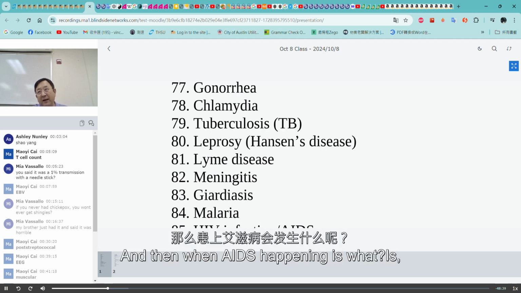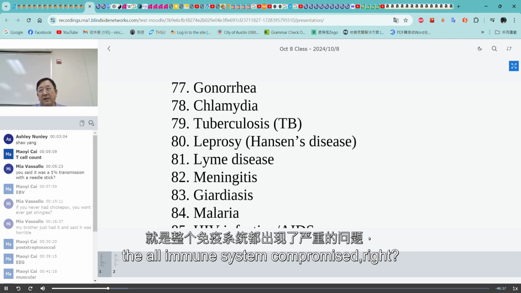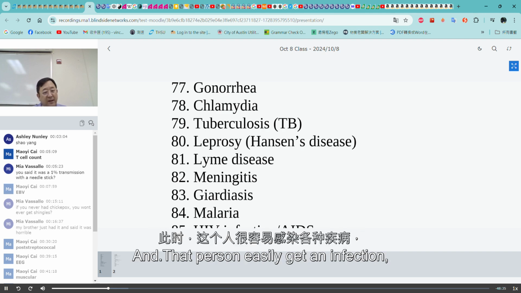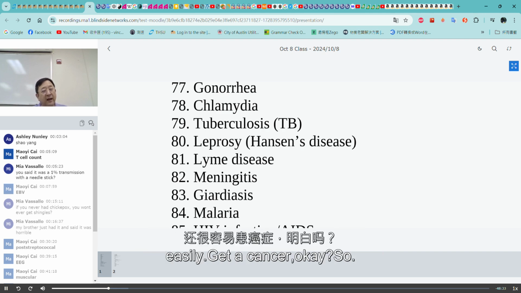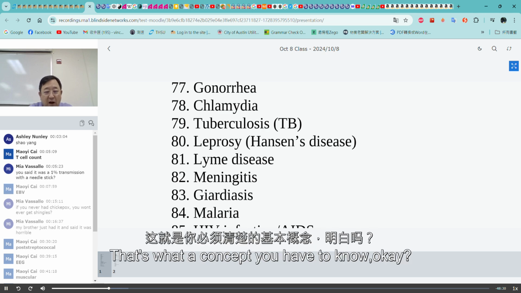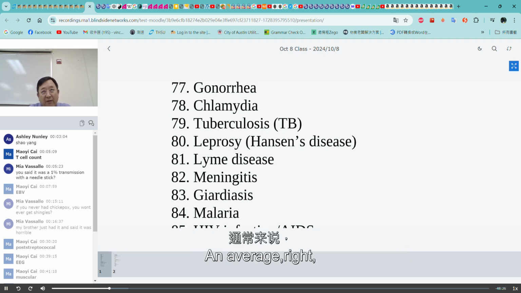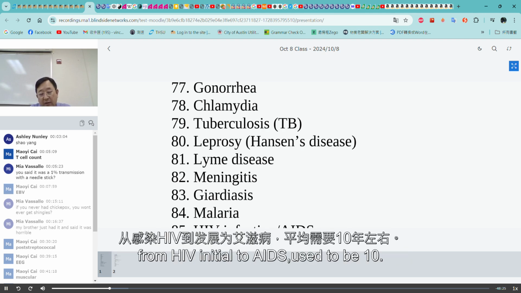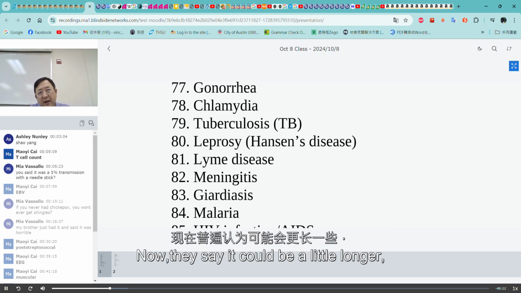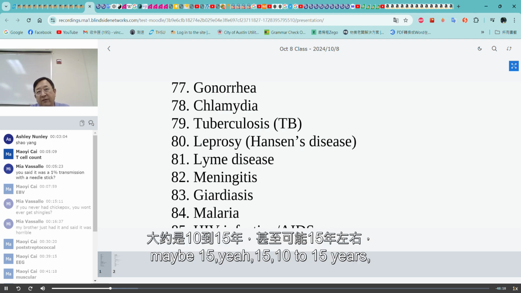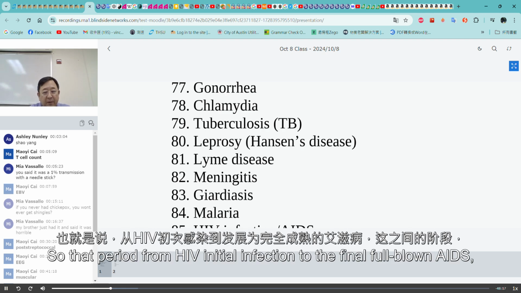When AIDS happens, the whole immune system is compromised, and that person easily gets infections and cancer. That's the concept you have to know. On average, from initial HIV infection to AIDS used to be 10 years. Now they say it could be a little longer, maybe 15. So 10 to 15 years from initial infection to full-blown AIDS.